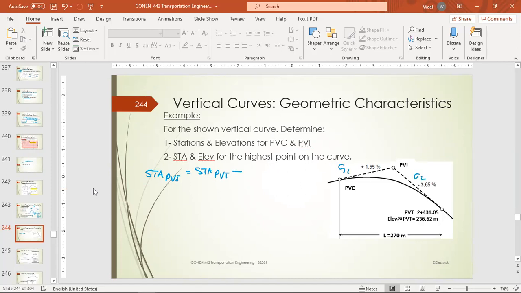I'm sorry, I'm getting now the elevation, not the station, so it's minus L over 2.